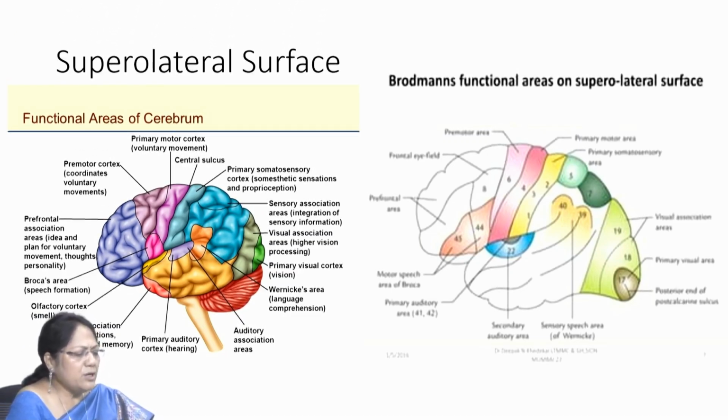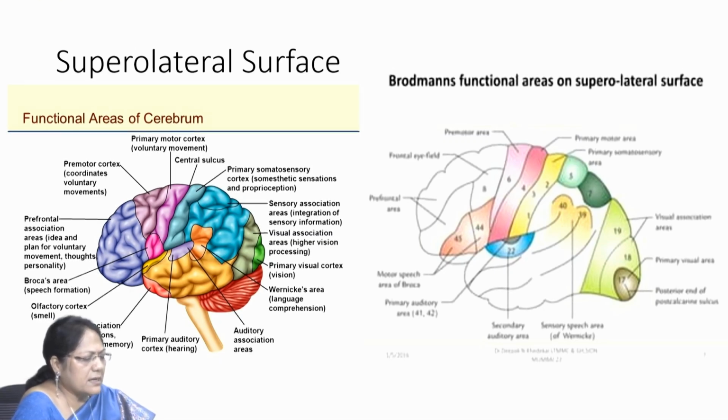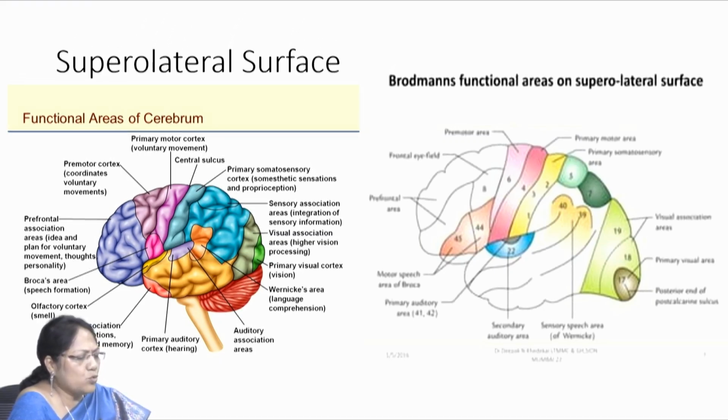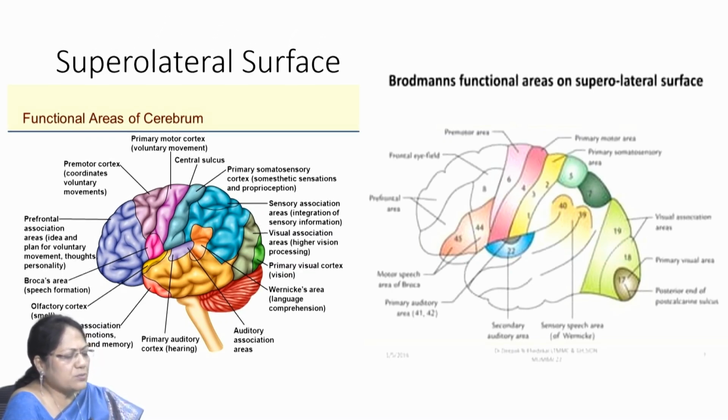Now coming to the superolateral surface again. In the middle is the central sulcus. It is a very important sulcus which separates the motor cortex anteriorly from the sensory cortex posteriorly. The anterior-most aspect is called the frontal pole, and the posterior-most aspect is called the occipital pole.